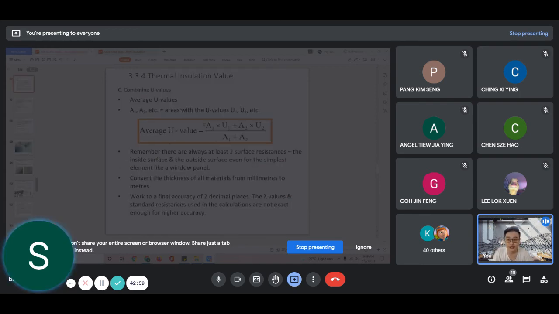So this is the same case as what we are doing here. We can have different materials, and to average it out to get the whole value of this wall, we can have a window, we can have a door. So to average out all these values, we use this formula.